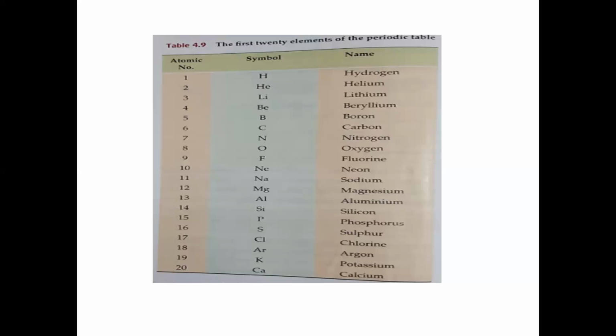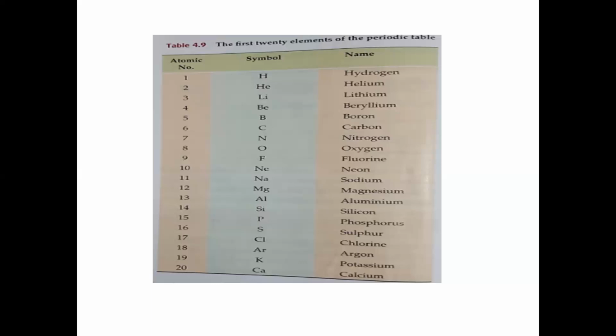Atomic number 11, symbol Na, and the name is sodium. Atomic number 12, symbol Mg, and the name is magnesium. 13, symbol Al, and the name is aluminium.